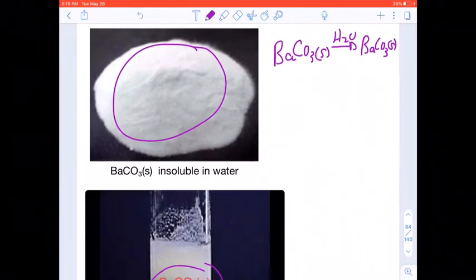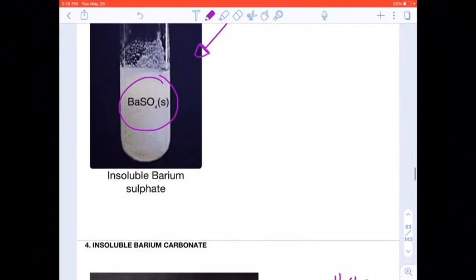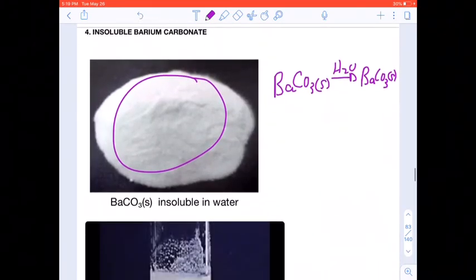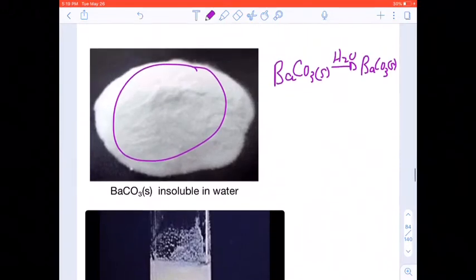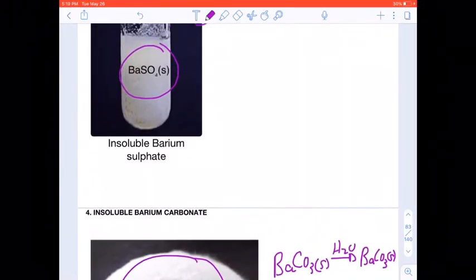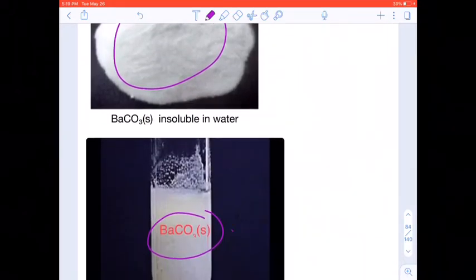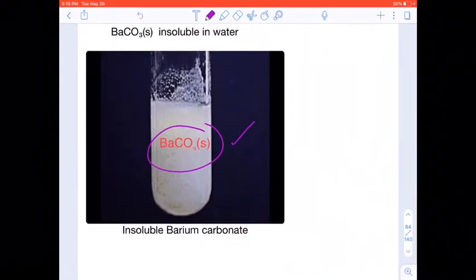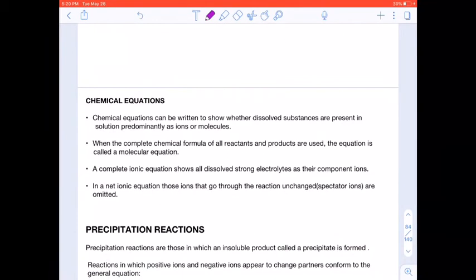Same thing. So these are insoluble. Barium carbonate is insoluble, and barium sulfate is insoluble. But you'll notice that barium carbonate precipitate looks very similar to barium sulfate precipitate. Why I'm drawing your attention to this is as we carry on, we will need to distinguish between the two precipitates.